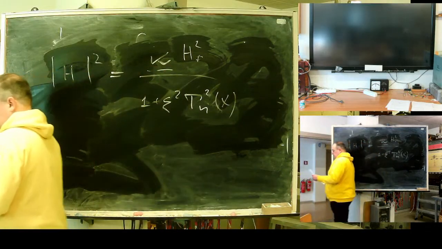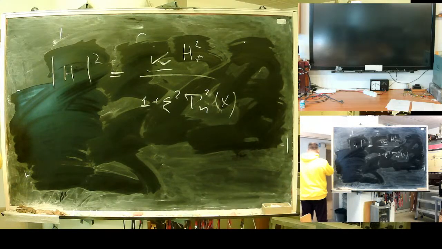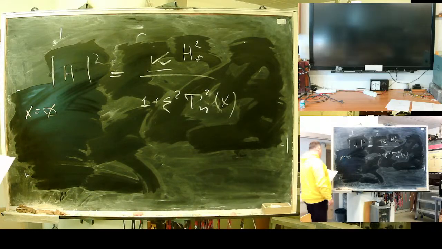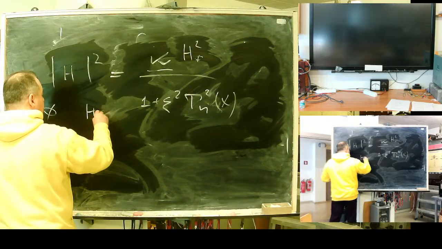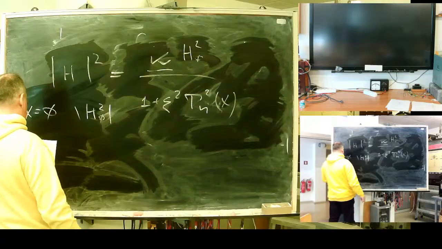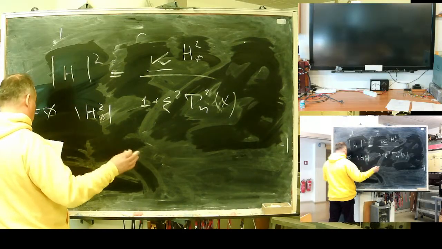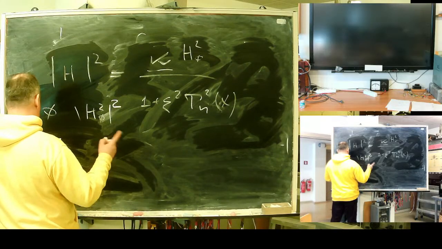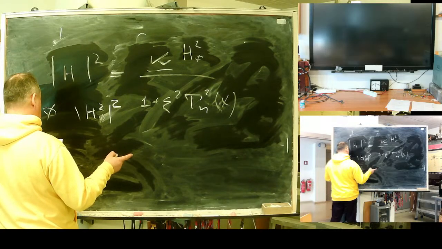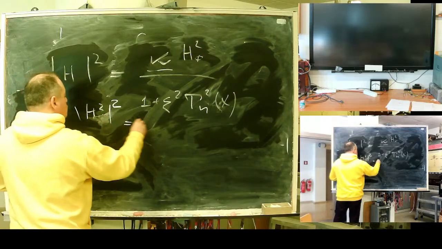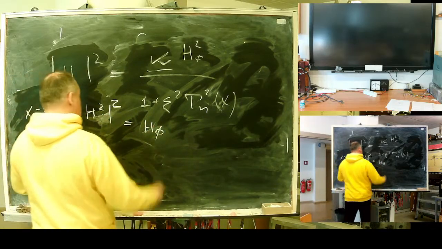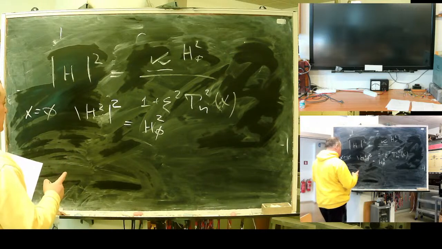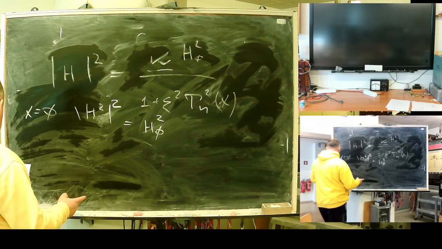This factor K should be selected in such a way that at the zero point, the absolute value of the transfer function module squared should be equal to a set value. If you do so, it's at the DC point.